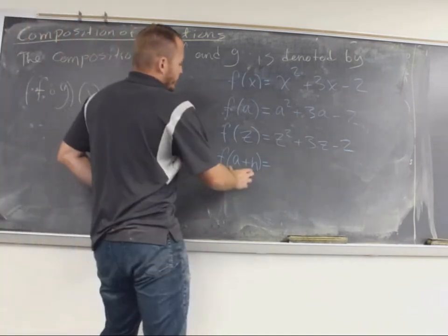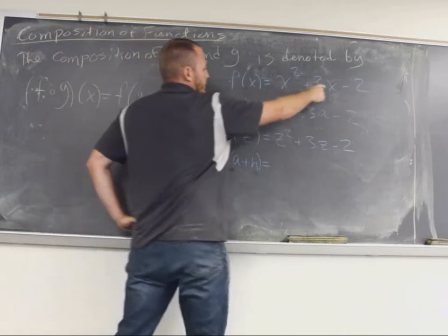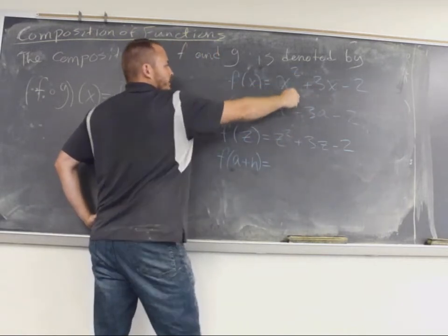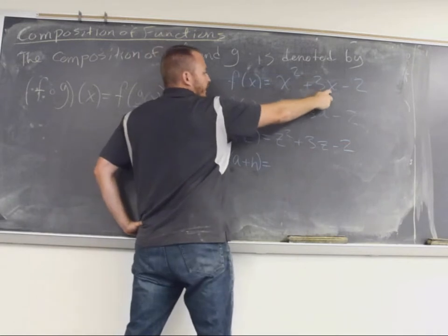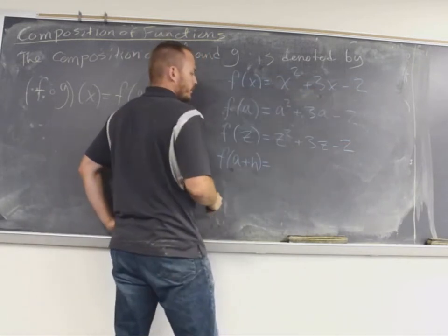All right. So now I'm taking this a plus h and plugging it in everywhere there's an x. So this x becomes a plus h, and then that's squared. And then this plus 3x, this x now is a plus h. Then the minus 2 you can't forget about.